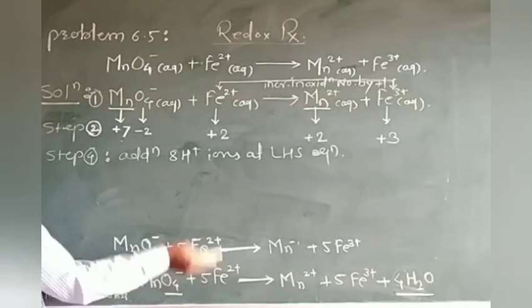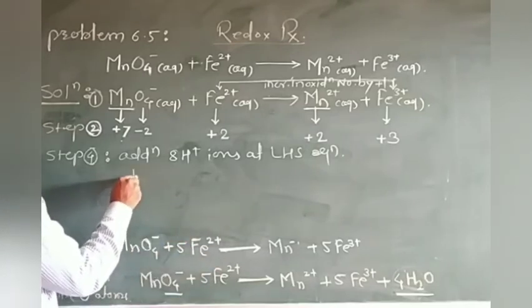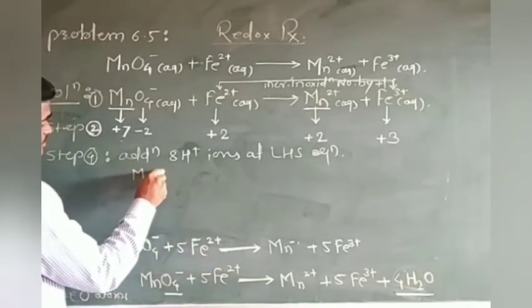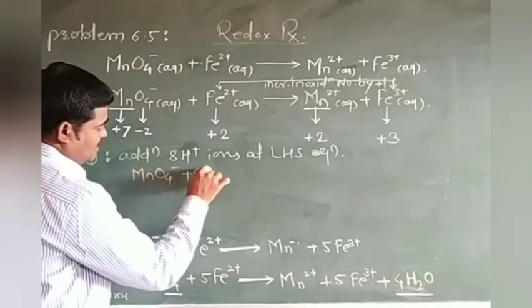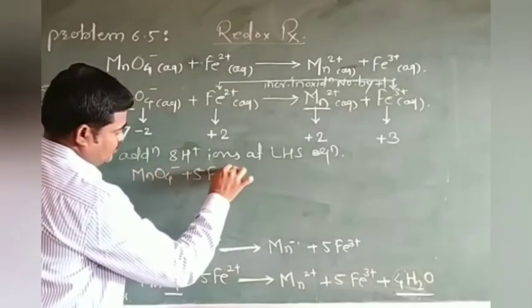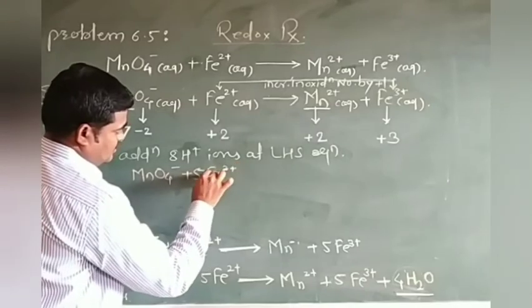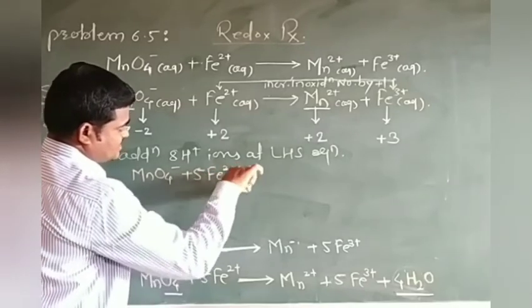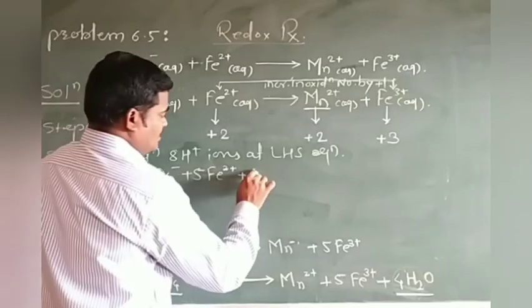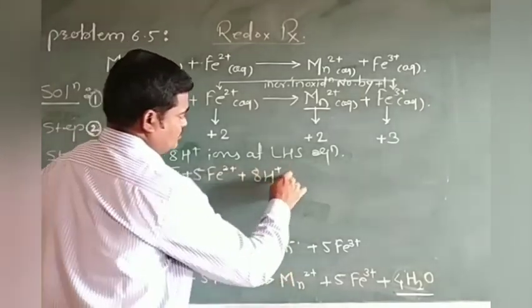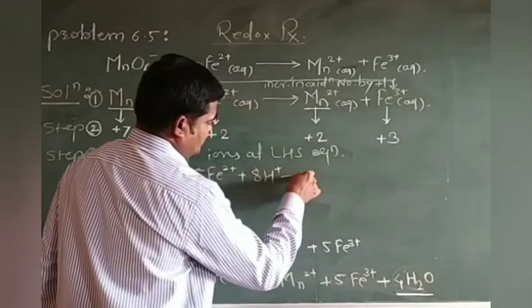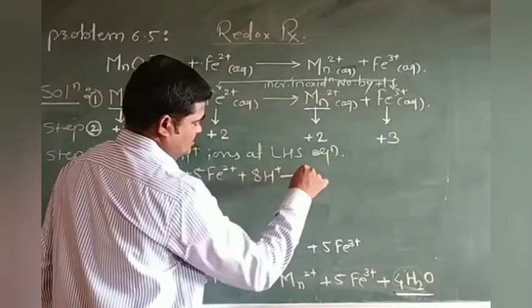So after this we are moving here, that is MnO4 minus plus 5 Fe2 plus. Here we have to keep one important point, that is to add 8H plus ions so as to balance the given chemical redox equation.